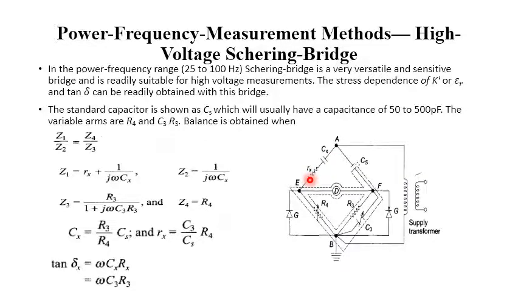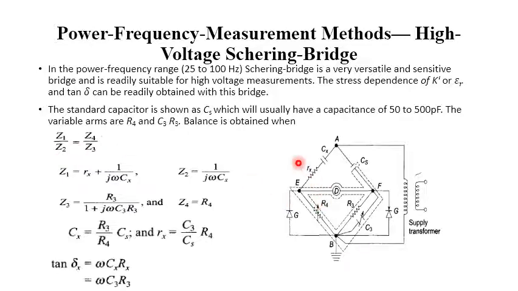The standard capacitance Cs has a capacitance value of around 500 picofarad, and there is a variable arm R4, and R3 and C3 connected in parallel. Under the balance condition, you will get Z1 by Z2 is equal to Z4 by Z3.